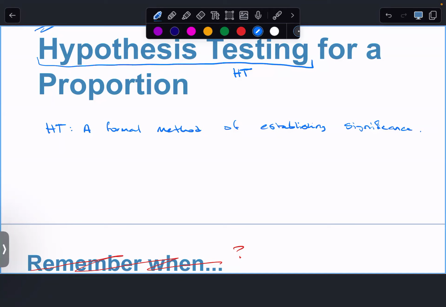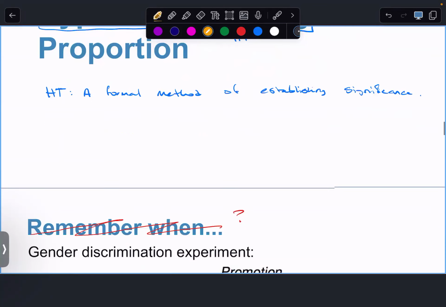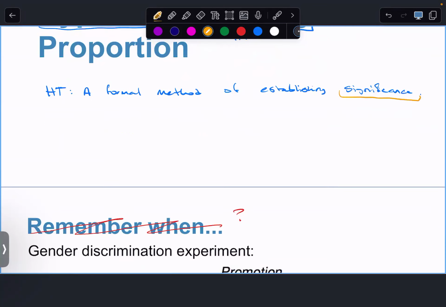So significance is not a word that we're going to use lightly anymore, because significance means in the statistical sense, right? Statistical significance requires hypothesis testing.